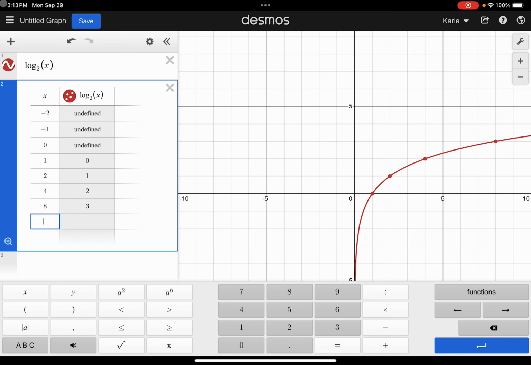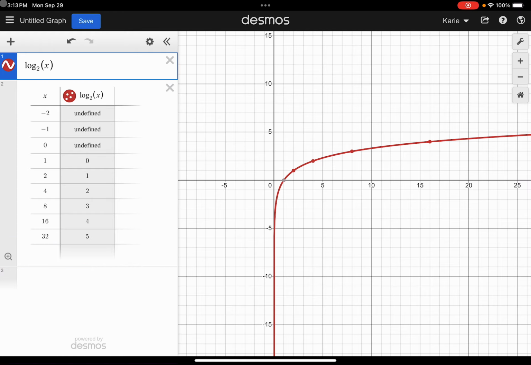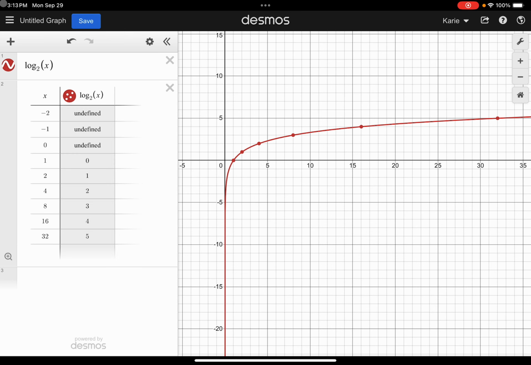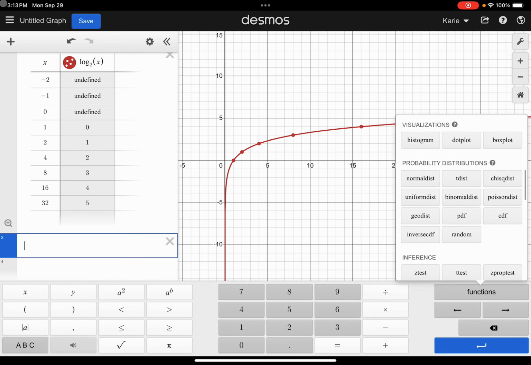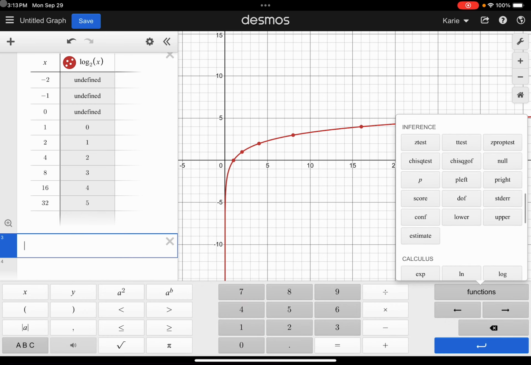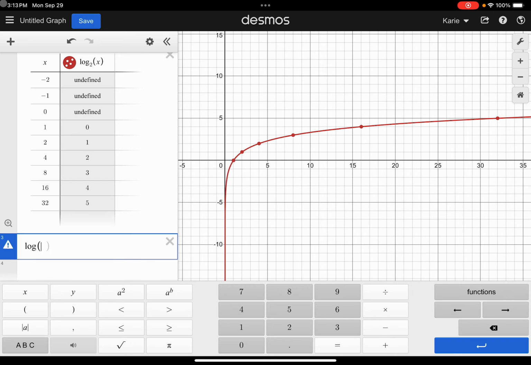So 4, 8, 16, 32. Okay, so now we can see it's growing, and they do grow, but this is going to grow a little bit faster than if I just did log of x.